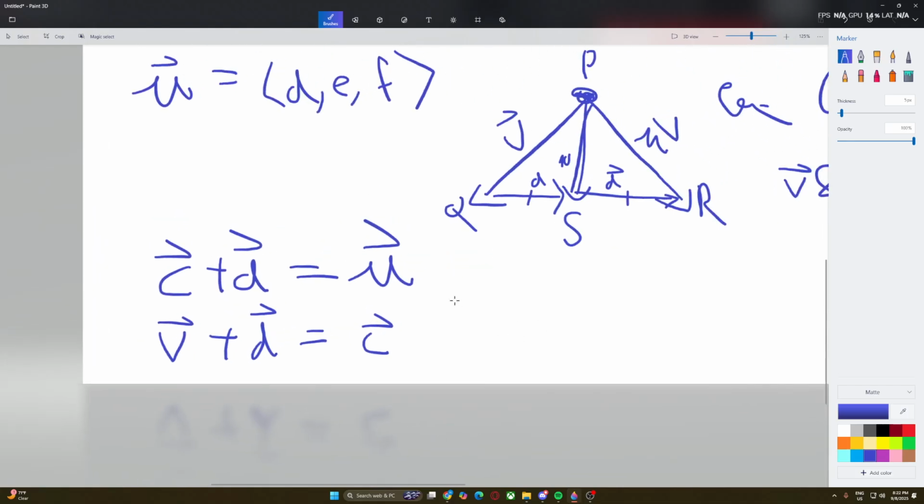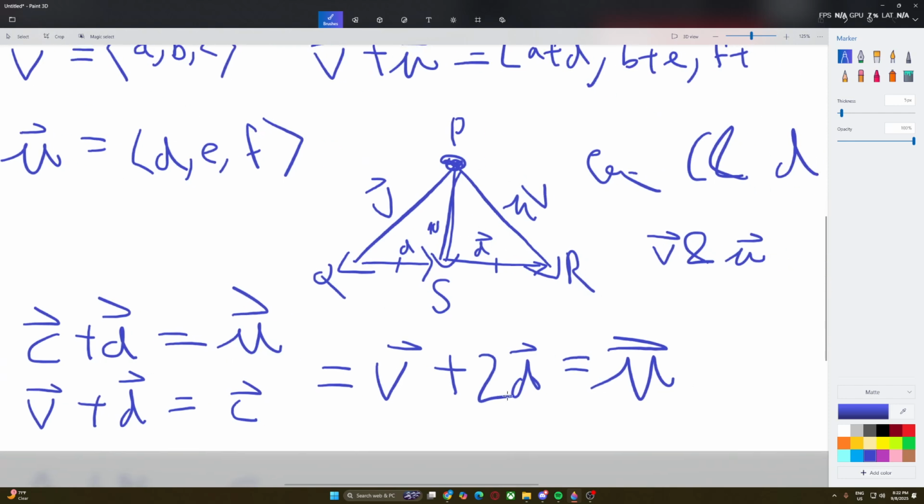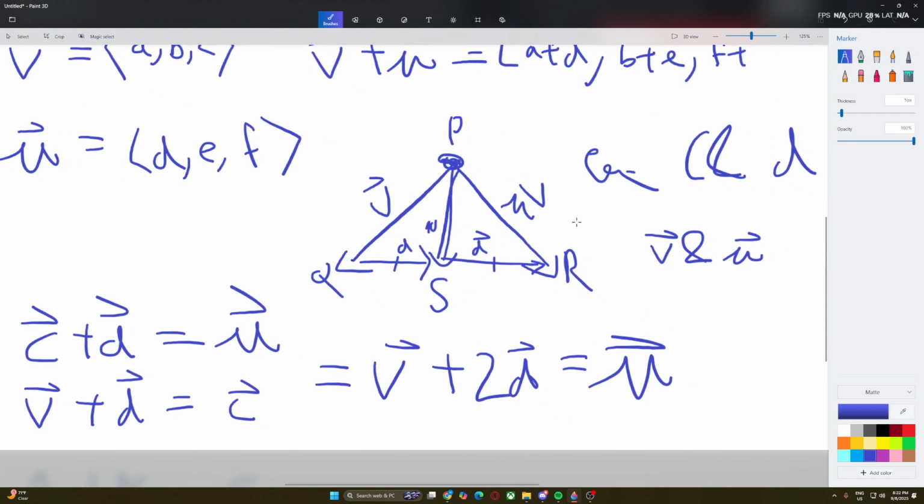Alternatively, you can also say that v vector plus 2D vector equals u vector, which you could have gotten just by subbing in C for this, or just by looking at the diagram itself with the same logic, but I digress.